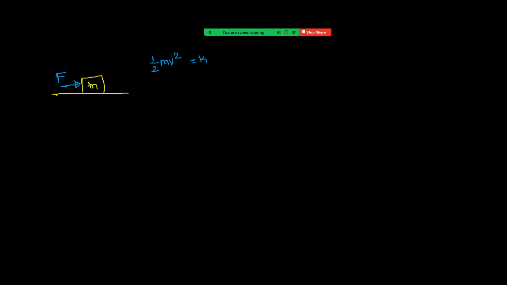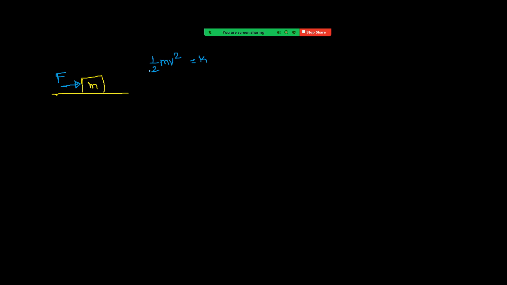If we apply this force for more time, or if we apply more force, the block gains more kinetic energy. That means work has been done on the body, because of which it gained kinetic energy.